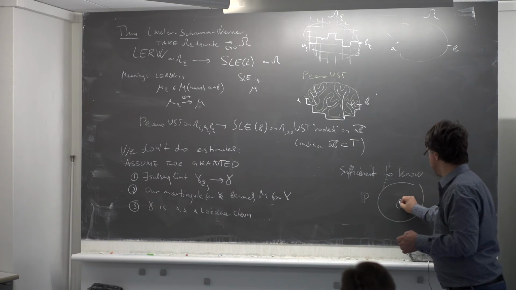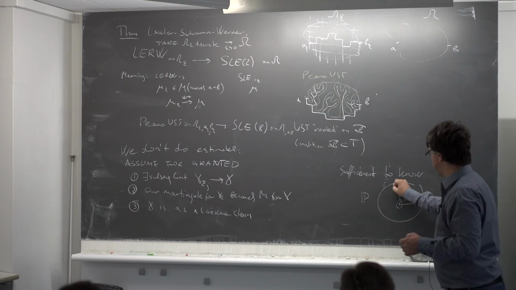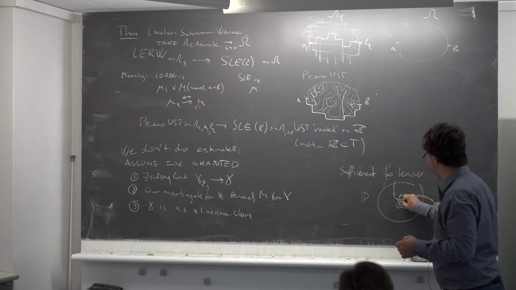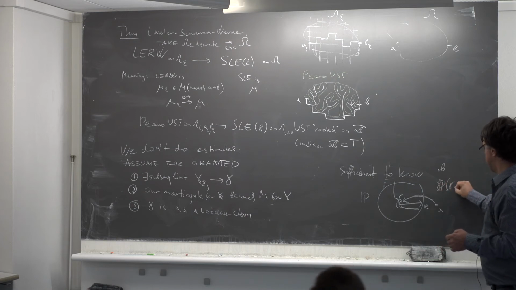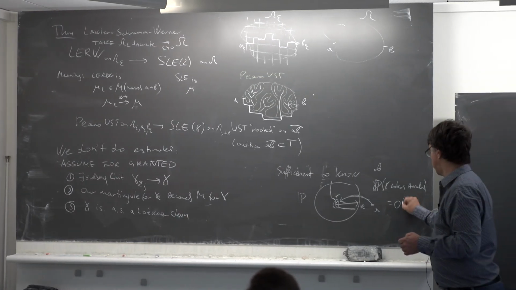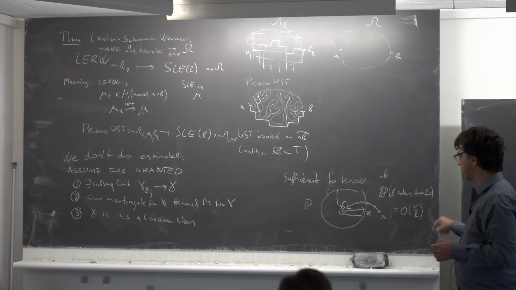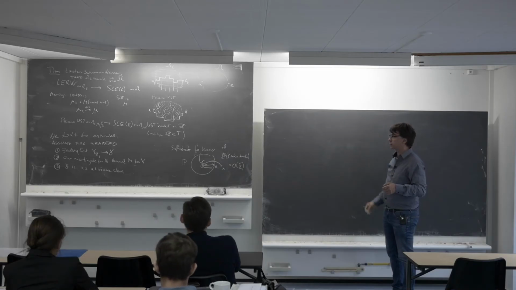If we have some sort of a picture which goes like that, and we have a curve, with point A here, point B here, and a fjord in the domain, then the probability that gamma enters the annulus is o small of r over R, as r over R tends to 0.